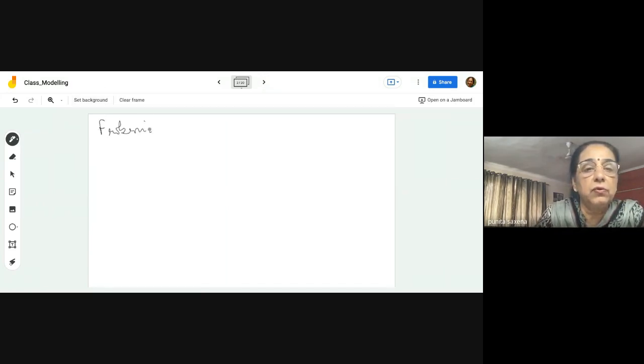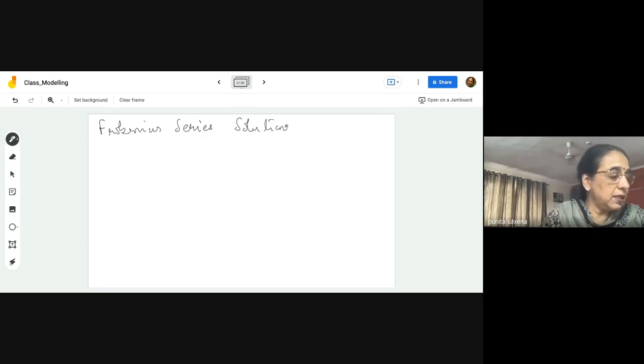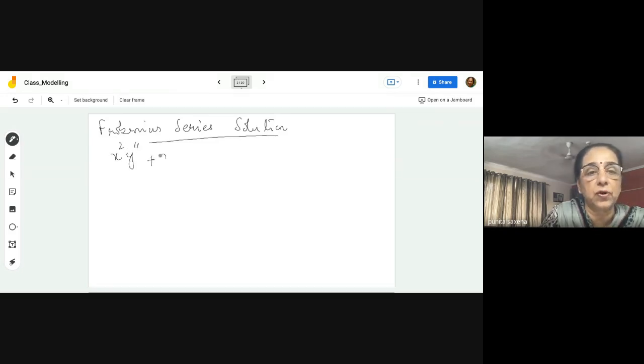For this, the theorem given by Frobenius talks of the Frobenius series solution. According to this theorem, we are assuming two things. Number one, my differential equation is of this form, plus q(x) y equal to 0.